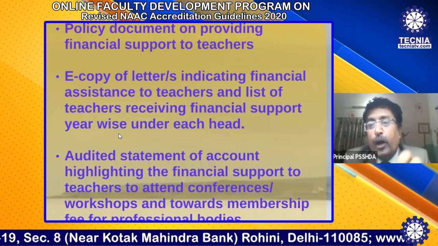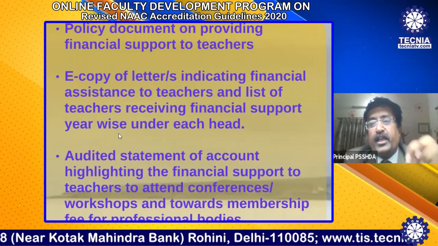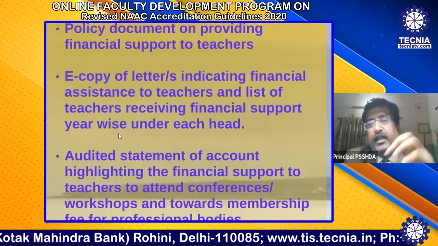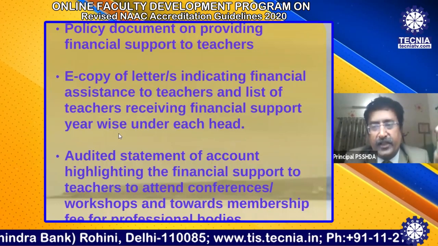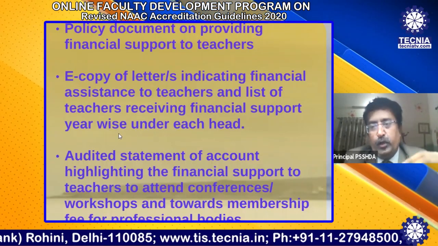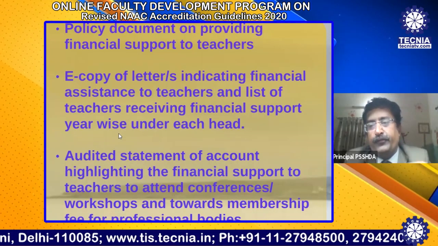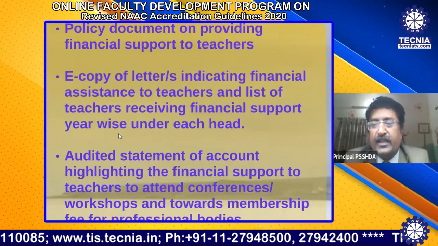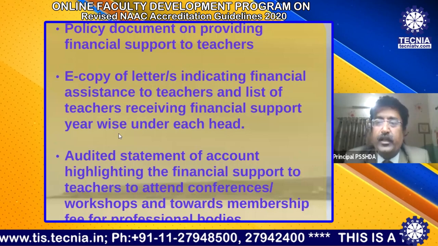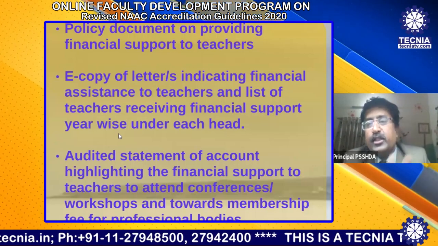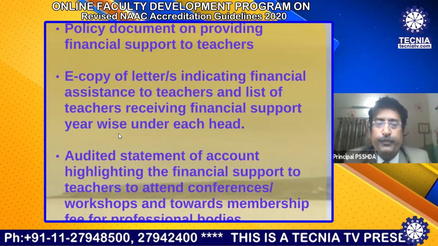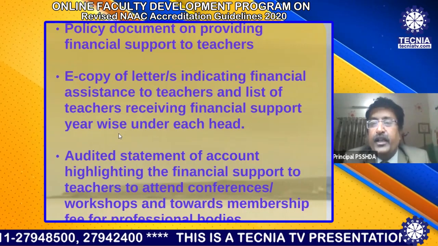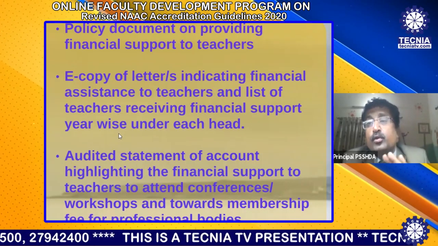For teachers, how many times in a year are you giving them this kind of grant? Every time you are giving DL plus registration fee plus transportation allowance, everything, or you are giving 2 times everything, or if a faculty wants to present more papers, then after 2 events, you will give only DL. Whatever policy you are following, you need to have all these records. E-copy of letters indicating financial assistance to teachers.